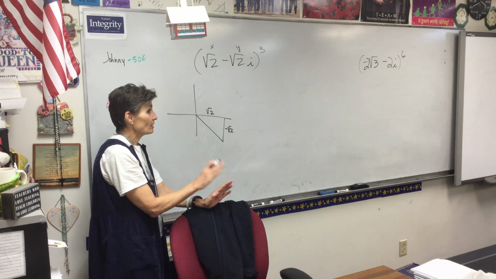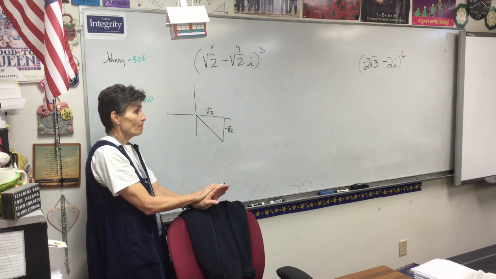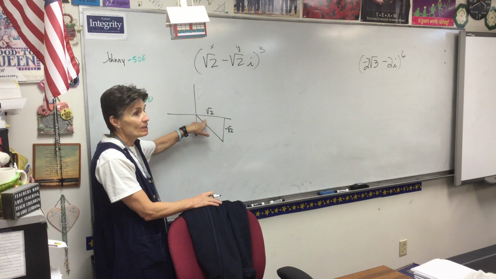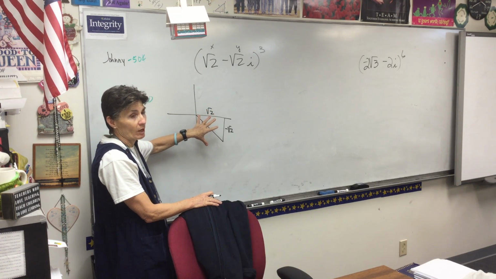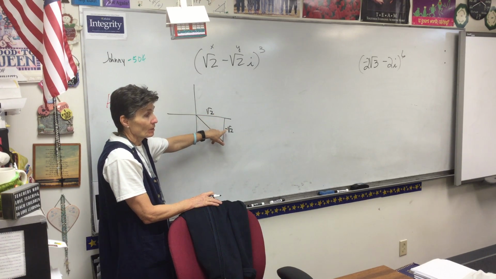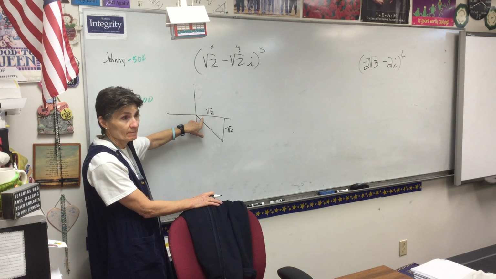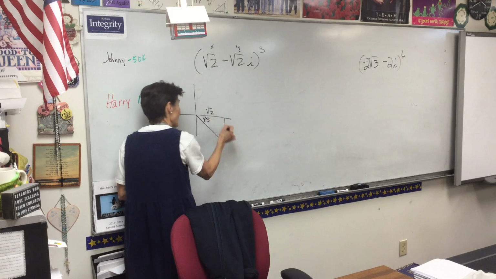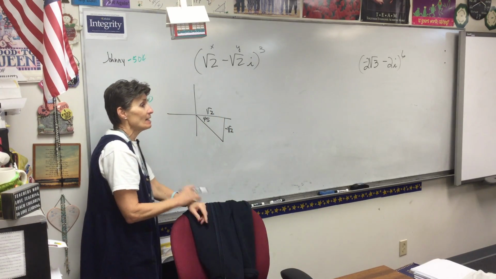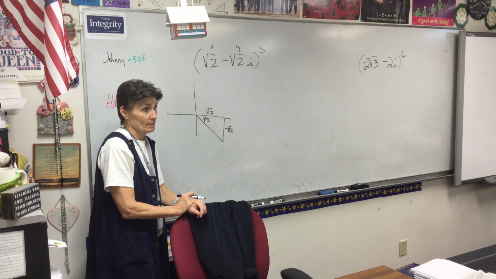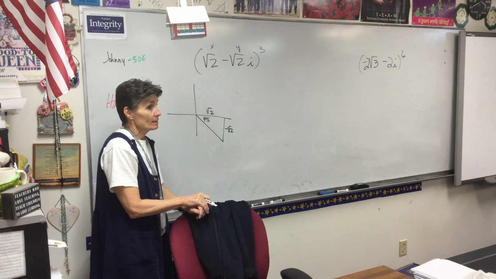Now, take it or leave it, but you probably should be able to tell me how big this angle is right now, just by looking at what I've drawn. See how those two are the same number? What does that mean that angle is? 45, right? Now, what if you didn't recognize that or didn't remember that? How do we technically find that angle? Not sine.